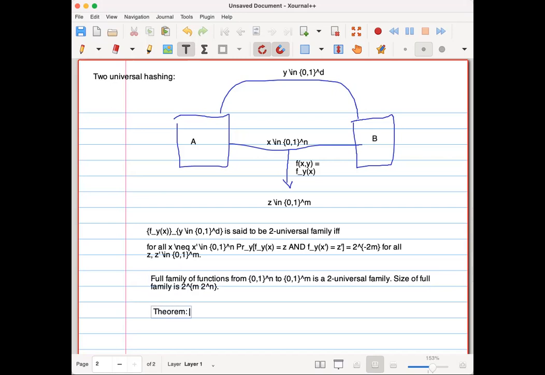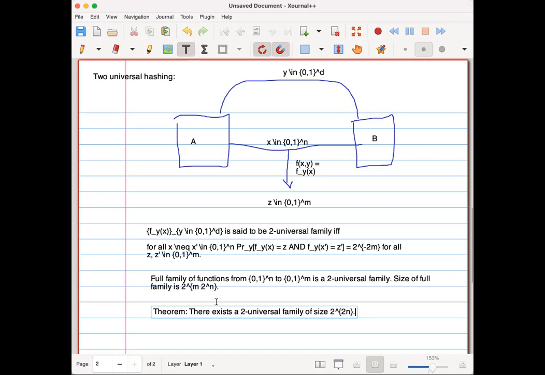So what we'll prove is the theorem: there exists a two universal family of size 2 to the power 2n.